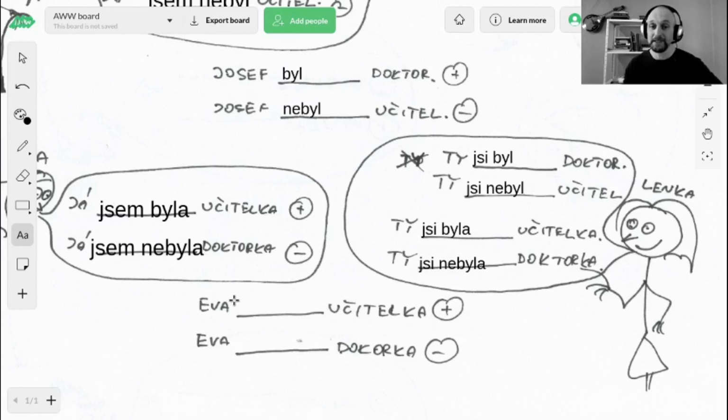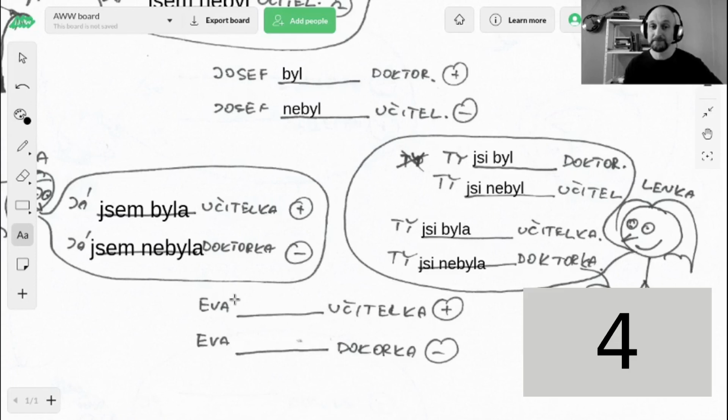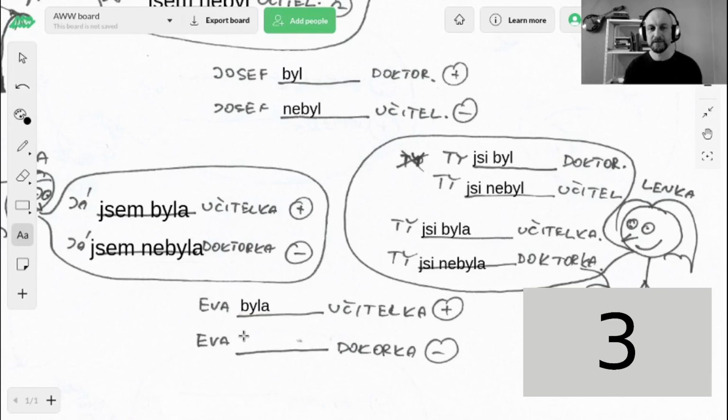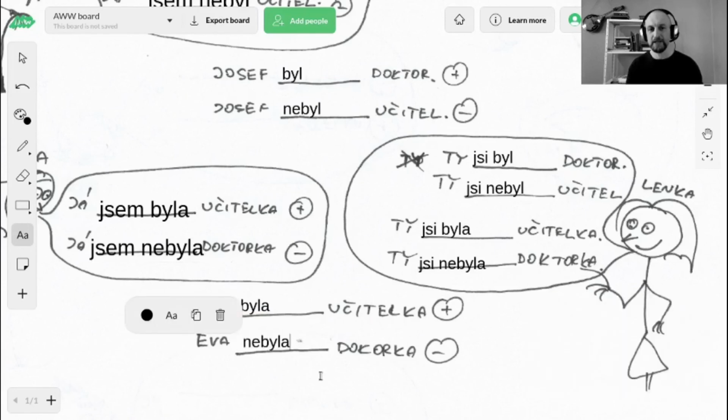And with Eva, Eva byla učitelka, and in negative, Eva nebyla doktorka.